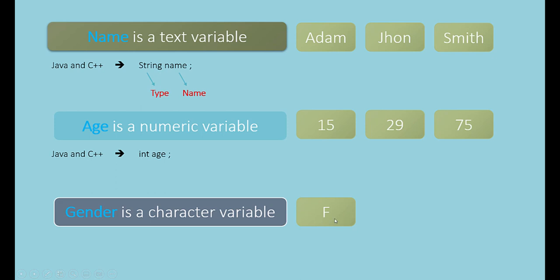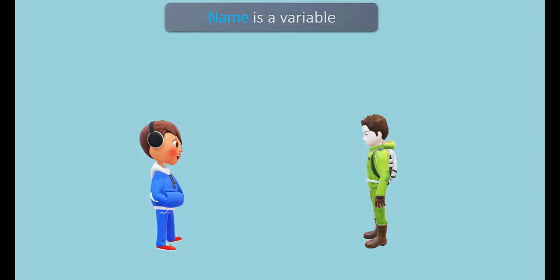F is one character, and M is also a character. It is declared in Java and C++ as char, the shortened way of character, and then you write any name you like, for example gender, and that will be the variable for the person's gender.